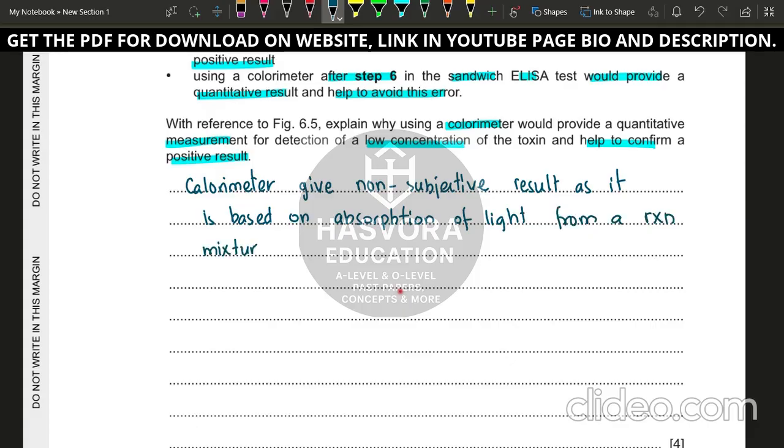Okay, so it actually is based on the absorption of light from the reaction mixture.